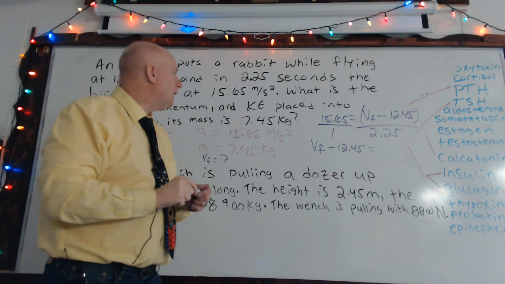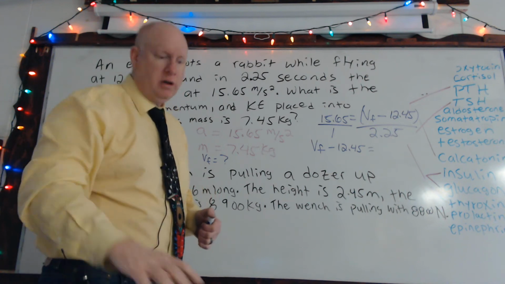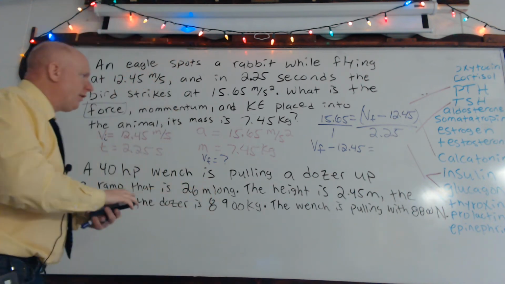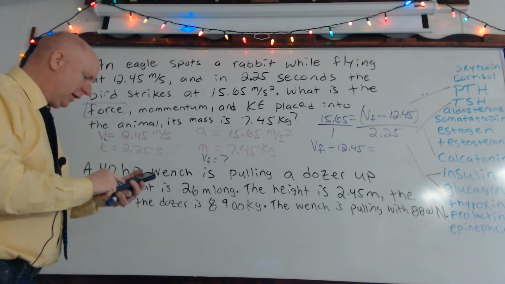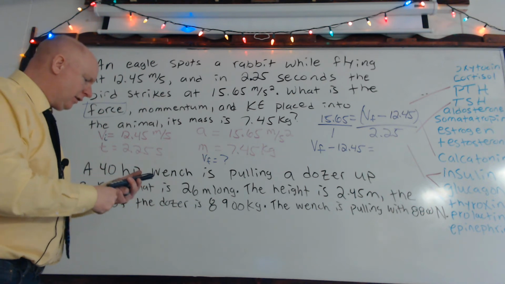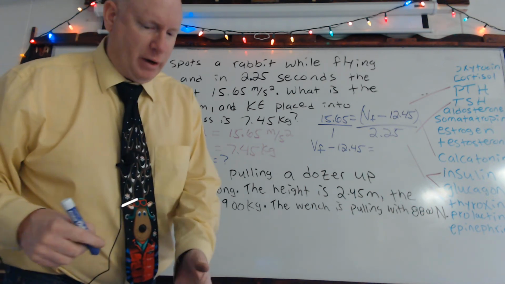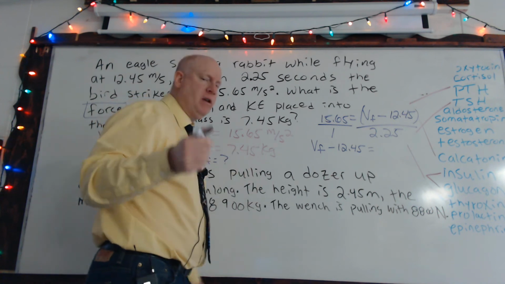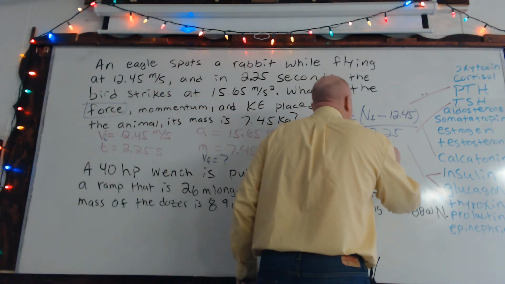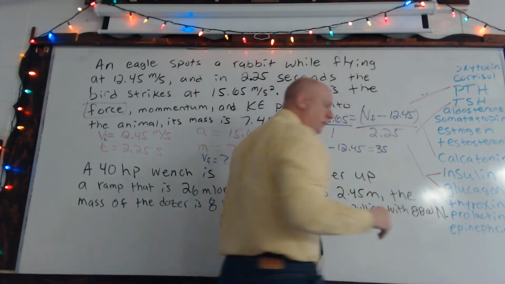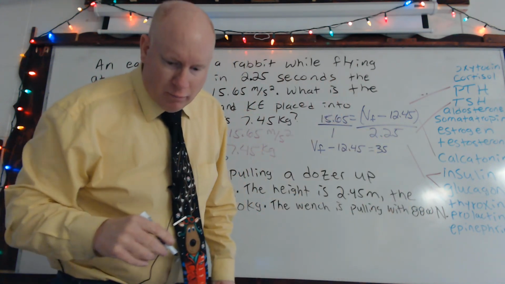And with that, it looks like we're going to get somewhere into the mid-30s, perhaps. 15.65 times 2.25 gives us 35.21. That was just a lucky guess. I can't calculate things that fast.